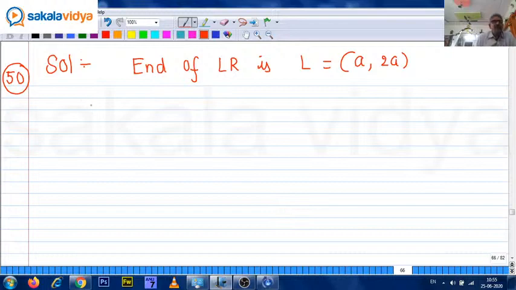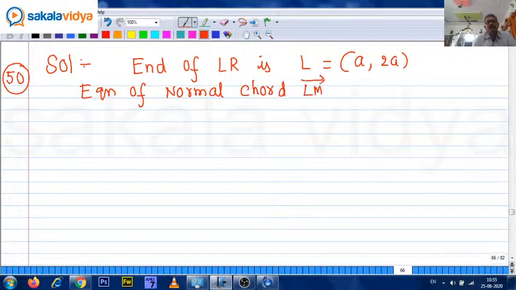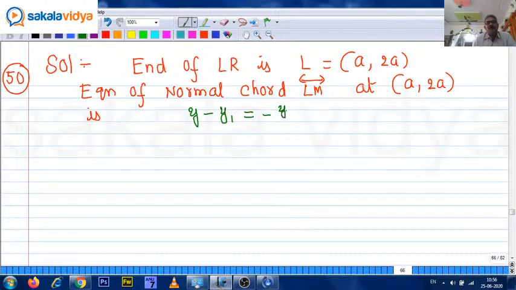Now the equation of the normal chord LM at a comma 2a is given by: y minus y1, passing through x1 comma y1 having the slope minus y1 by 2a, times x minus x1.